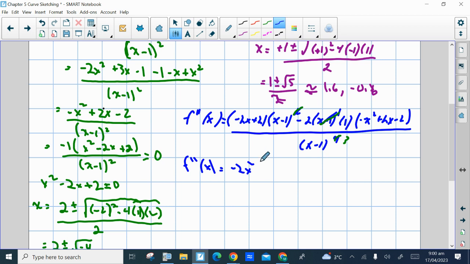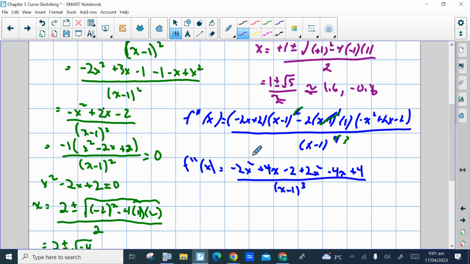The inner products is also positive 2x. That'll give us positive 4x minus 2. And then negative 2 times everything here will give us positive 2x squared, negative 4x, plus 4, all over x minus 1 all cubed.